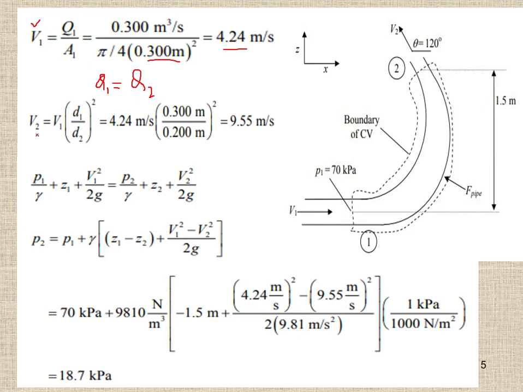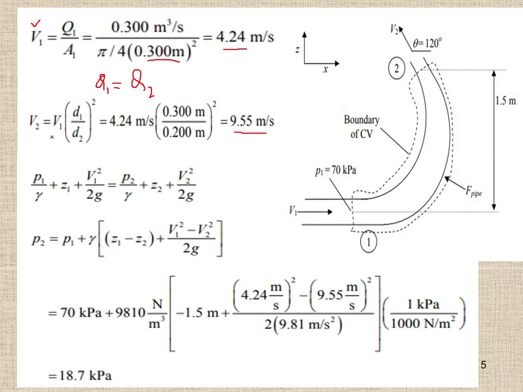So we simplify that, and finally V2 is equal to V1 times d1 over d2 whole square. When we put in all the known values, we end up with the velocity V2 equal to 9.5 meter per second. So these two unknown values we found.